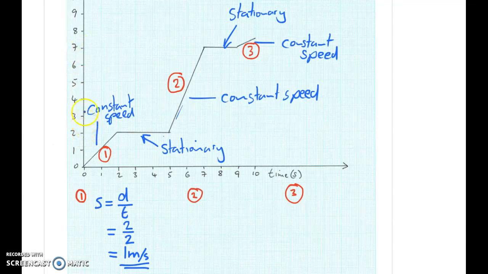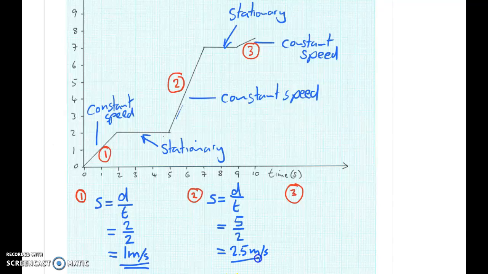So in fact it travels a distance of 5 meters and it does that in 2 seconds. So again start with the equation, s equals d over t. Plug in the numbers, so it travels 5 meters in 2 seconds. So its speed is 2.5 meters per second.